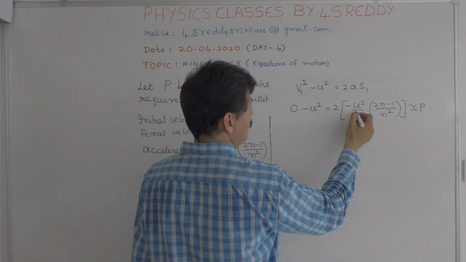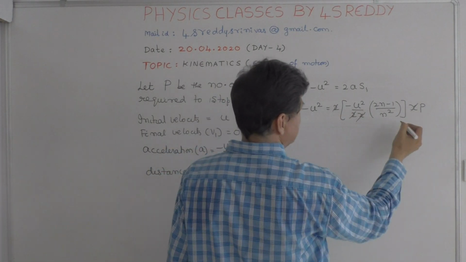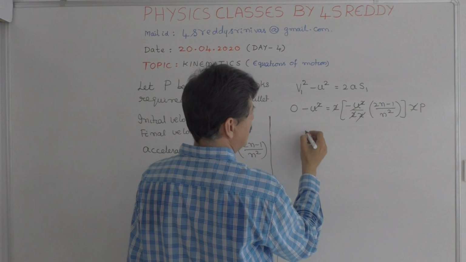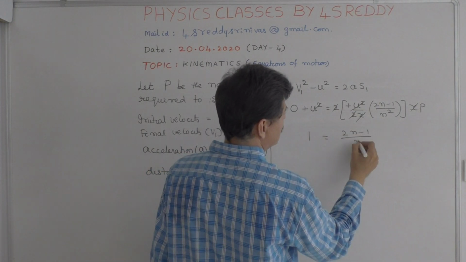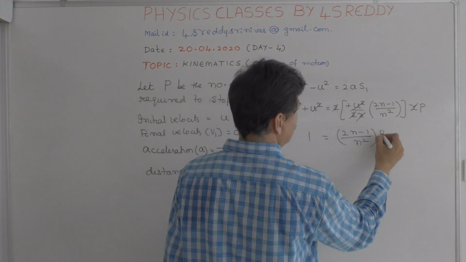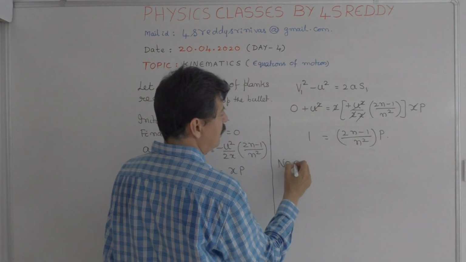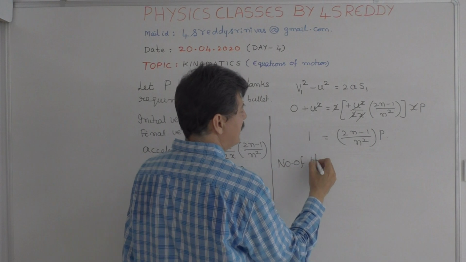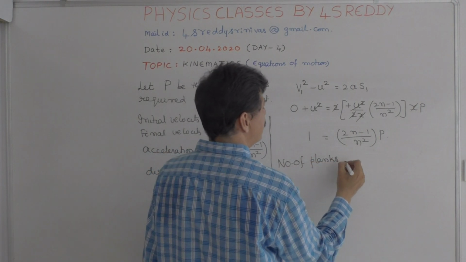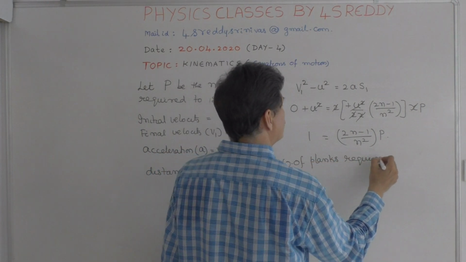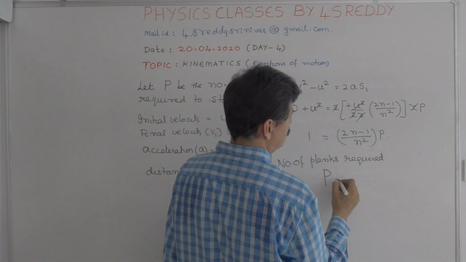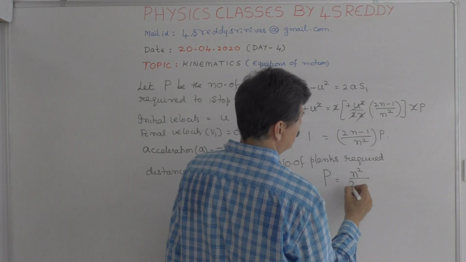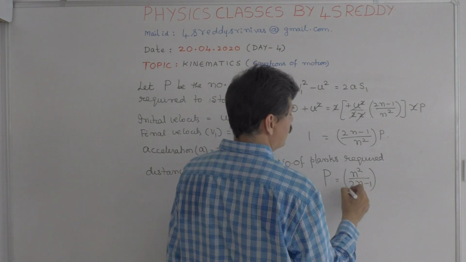Now, if you observe, this 2 cancels, x and x cancel, u square cancels. Therefore 1 is equal to (2n minus 1) by n square into p. Therefore, number of planks required p is equal to n square by (2n minus 1).